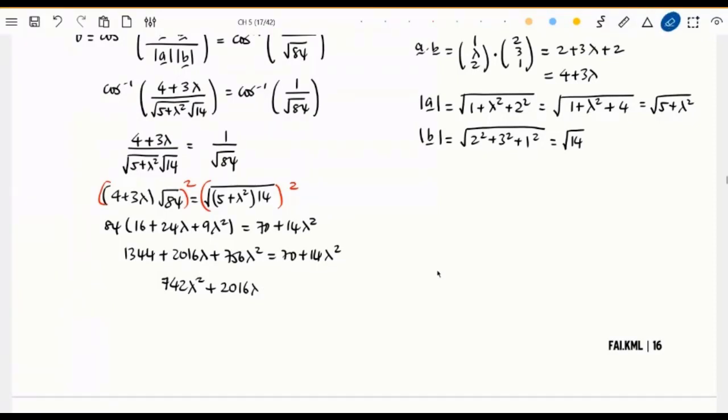1274. Okay. Can we factorize this one? Boleh factorize tak?